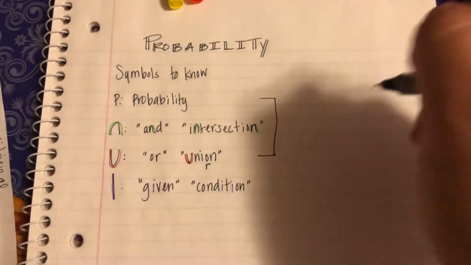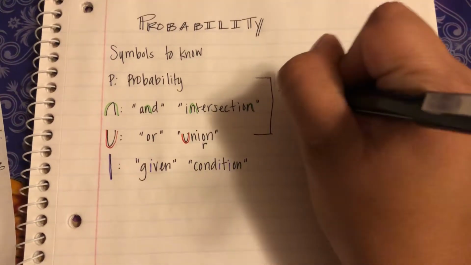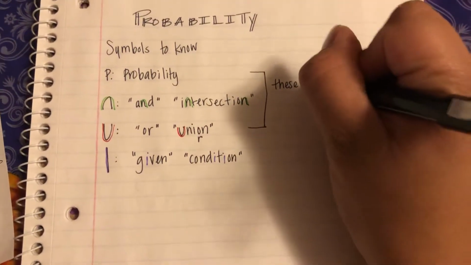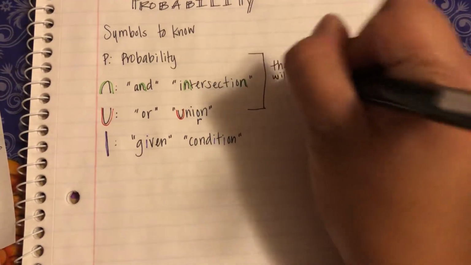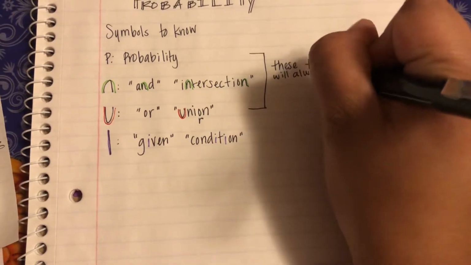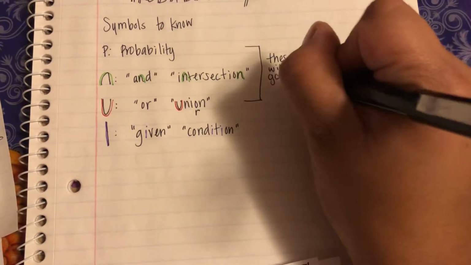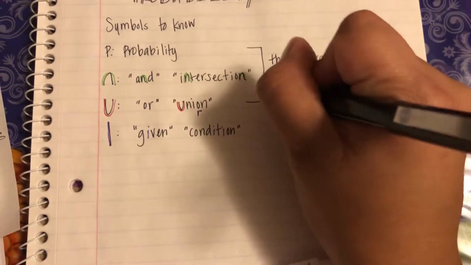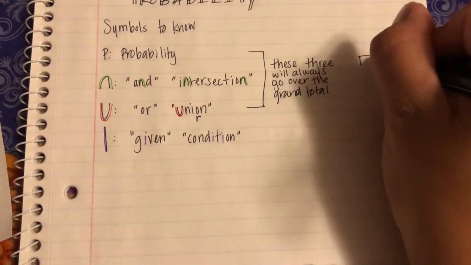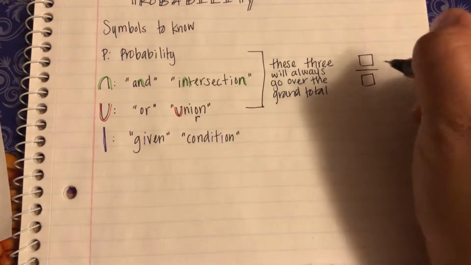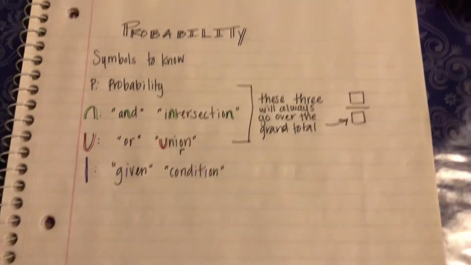And it's gonna say these three will always go over the grand total. And if we're talking about our fraction, we have a numerator, a denominator, and our grand total is going to go down there. Okay?